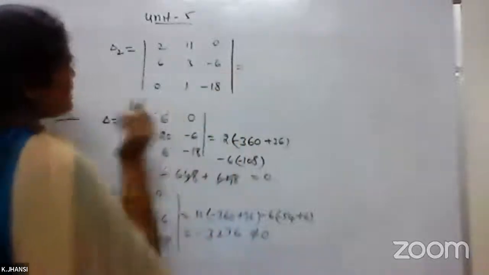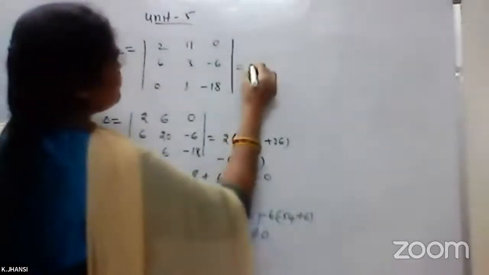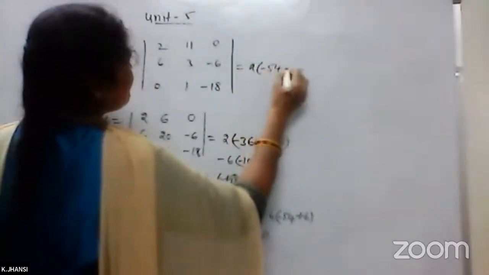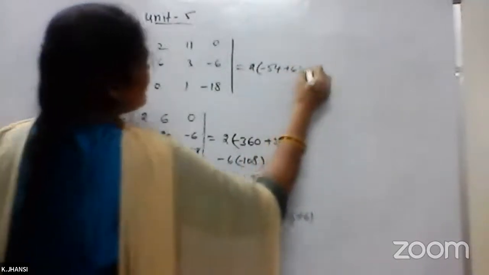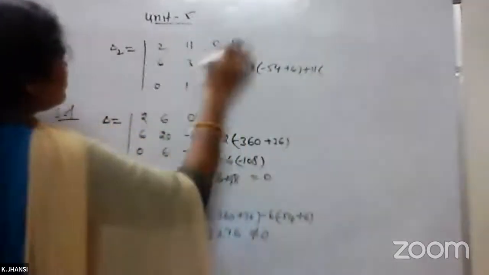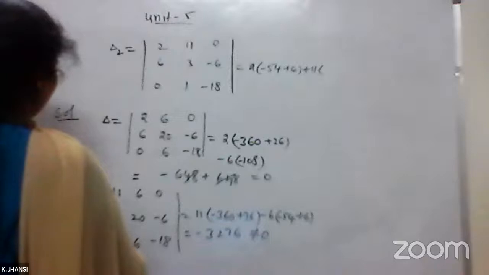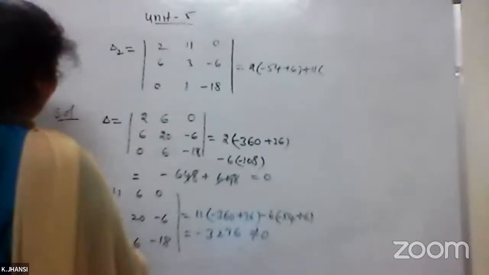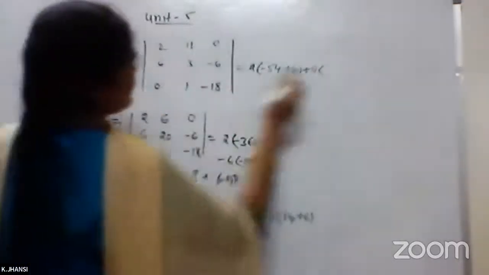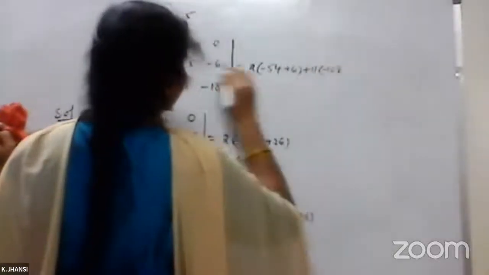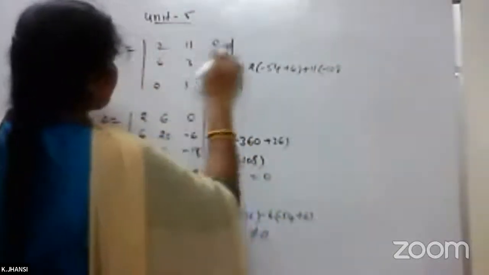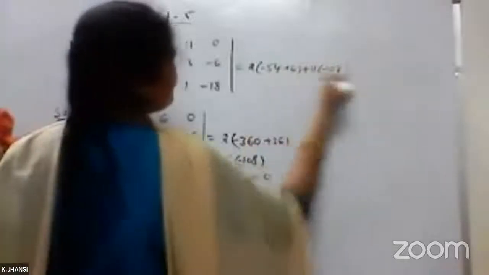So if you simplify this, it is 2 into minus 54 plus 6, plus 11 into 18 times 6, which is 108, so minus 108. So this is 0.